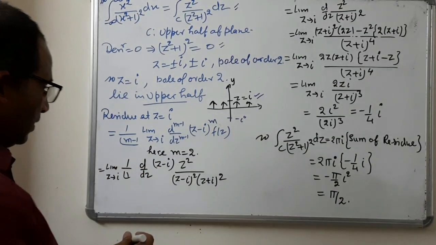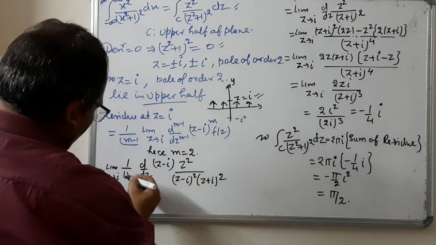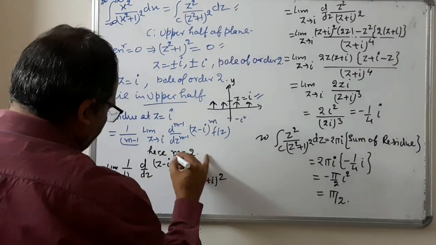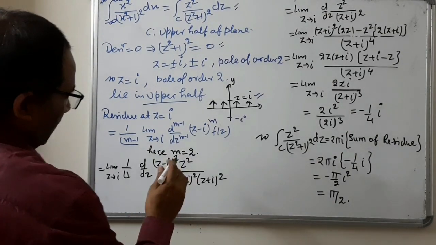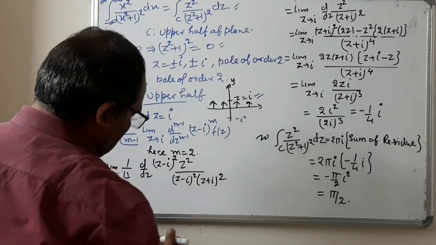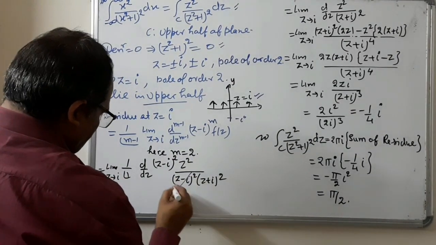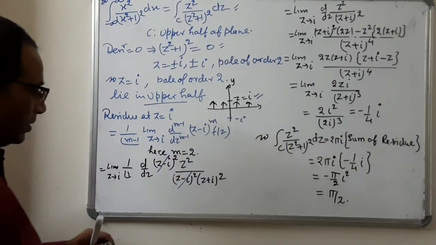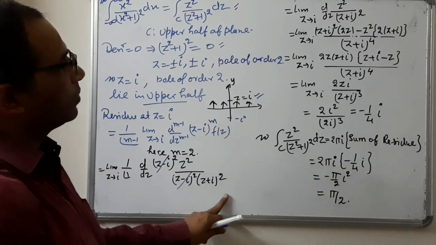We put the value here: limit z tending to i, 1 upon factorial 1, d by dz of (z minus i) whole square into z square upon (z minus i) whole square (z plus i) whole square. The (z minus i) whole square cancels out, and we get d by dz of z square upon (z plus i) whole square.